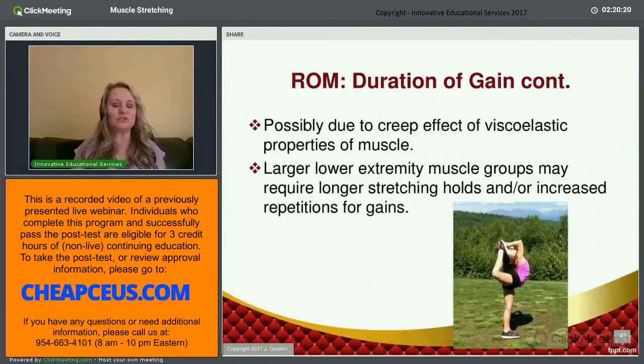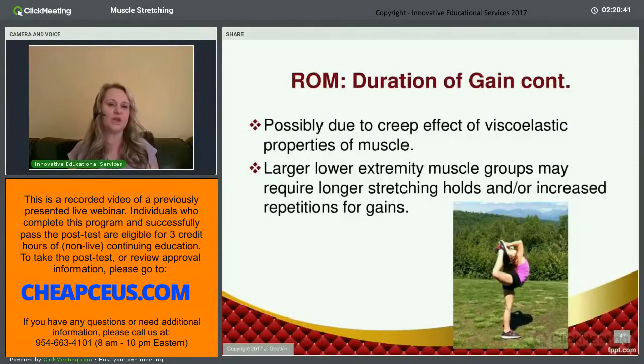Considering individuals who need excessive range of motion for their performance of their different activities, know that larger muscle groups in general are going to need a greater hold time or greater repetitions in order to have increased range of motion gains.